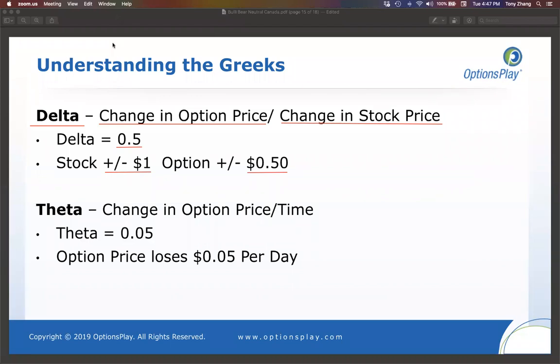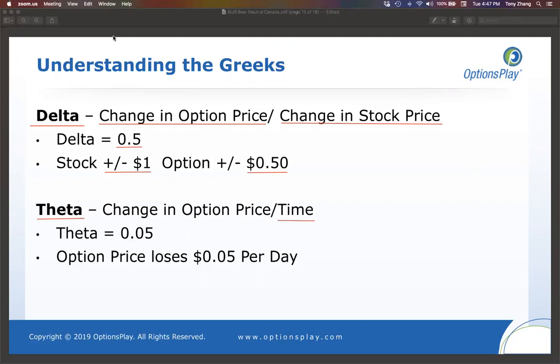The second thing that's really important to understand is theta, because like I said, options have an expiration date. So the value of an option decays as you get closer and closer to expiration. The pace at which the option decays is what we call theta, the change in the price of the option with respect to the change in time.